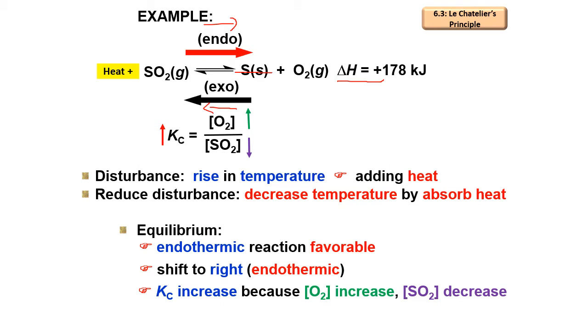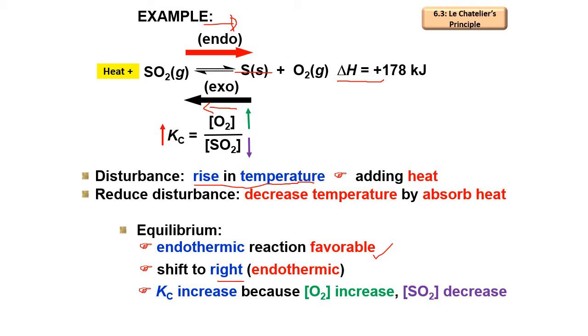Now let's check what the disturbance is for this case. Rise in temperature. If there is a rise in temperature, the endothermic reaction is favorable. So the equilibrium position will shift to the right side. We try to reduce the disturbance by decreasing the temperature by absorbing heat, and the endothermic reaction is favorable, shifting to the right.